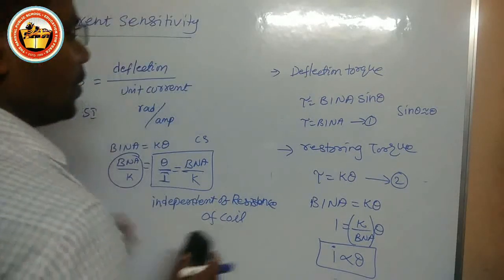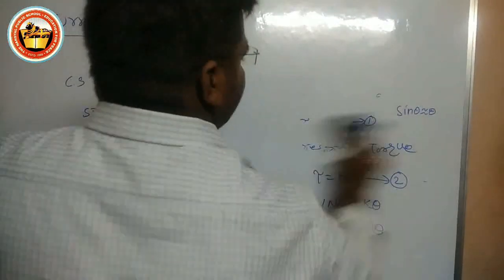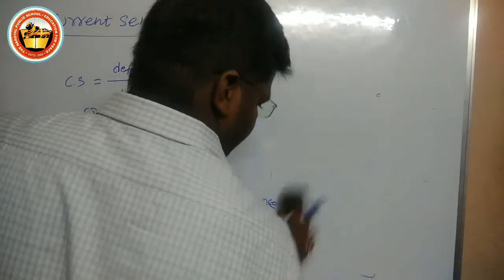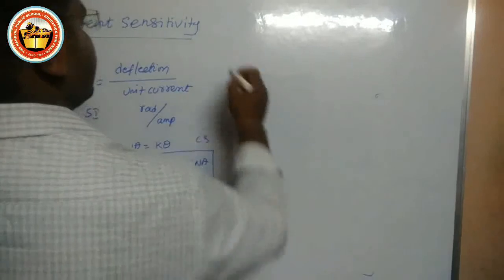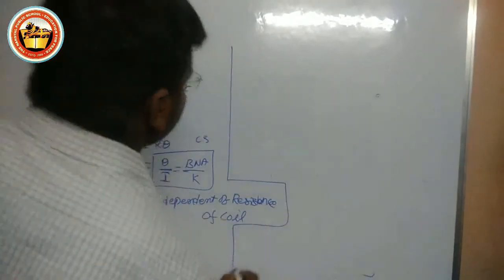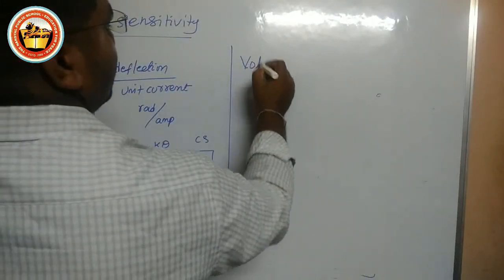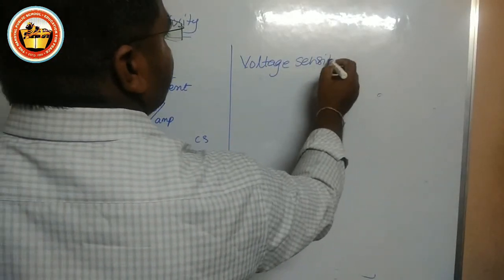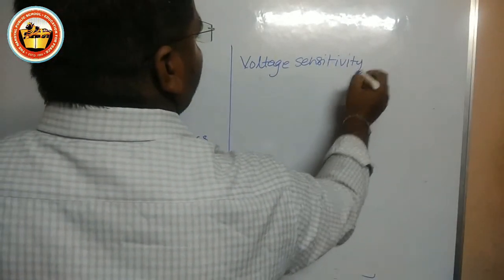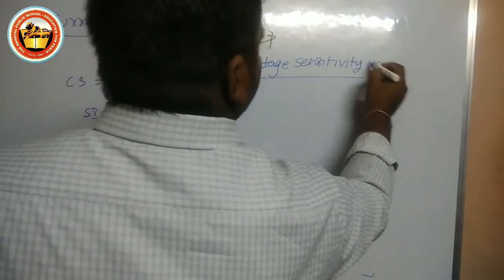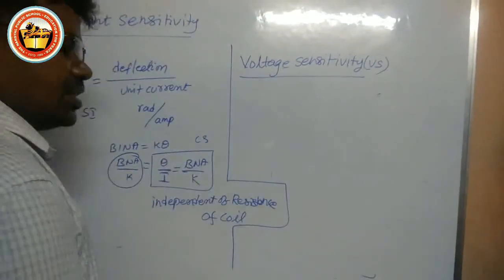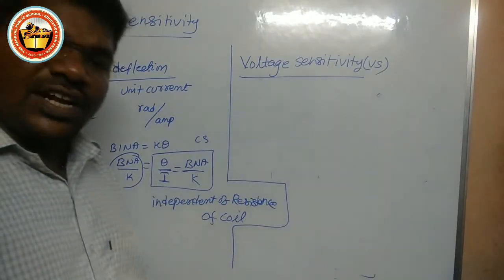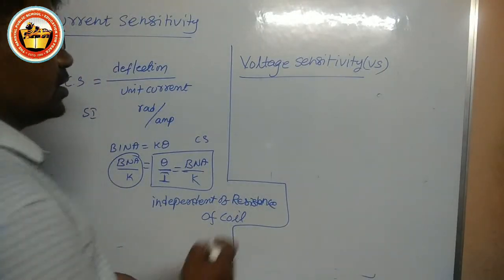Next one, voltage sensitivity, very important. Voltage sensitivity is defined as deflection per unit volt.